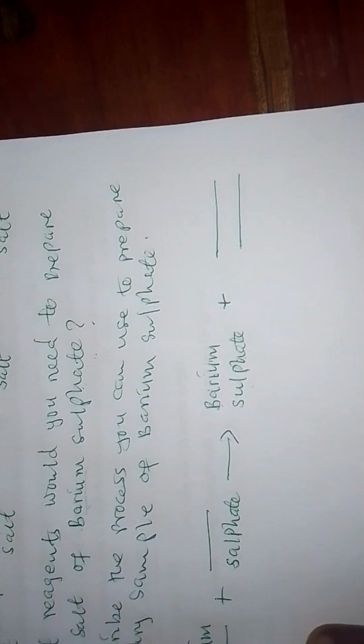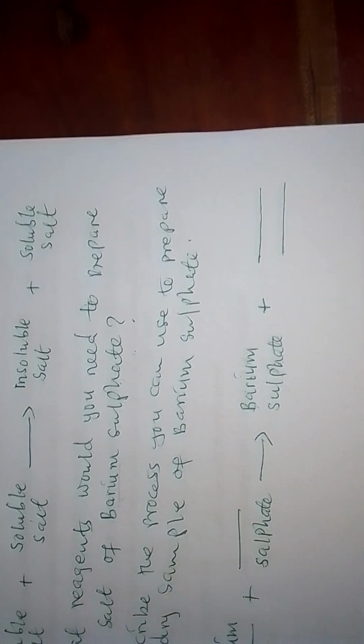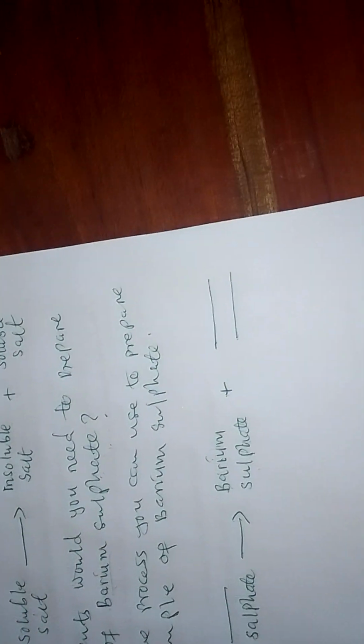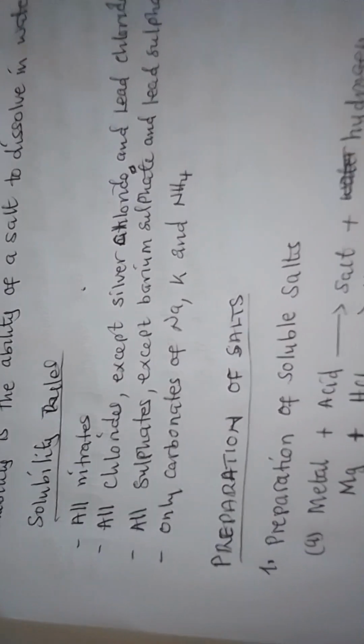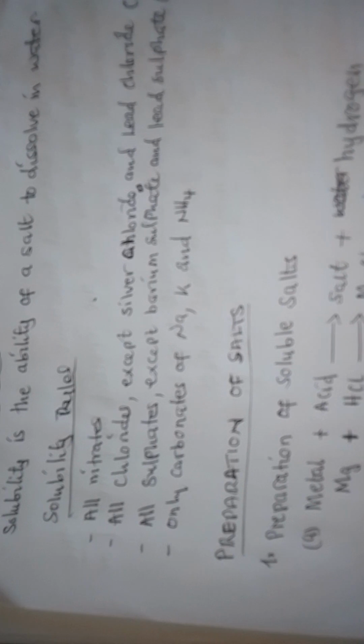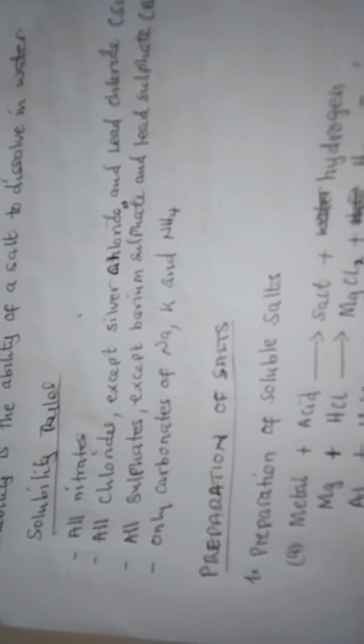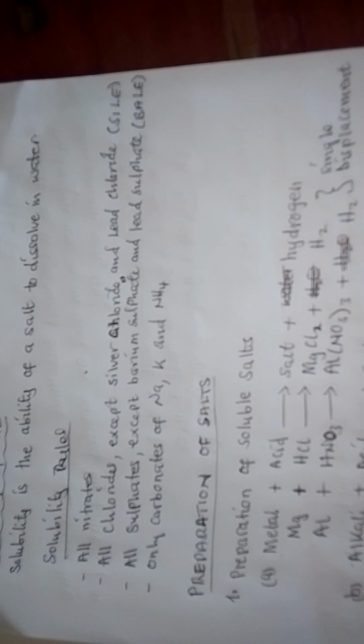So how do we identify the barium salt here? You go back to the solubility rules. The solubility rules say all nitrates are soluble, all chlorides are soluble except those, all sulfates are soluble except those, and carbonates only that.